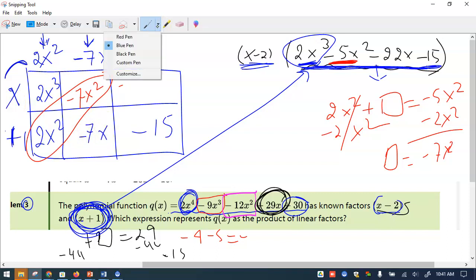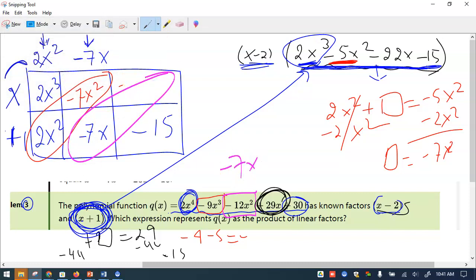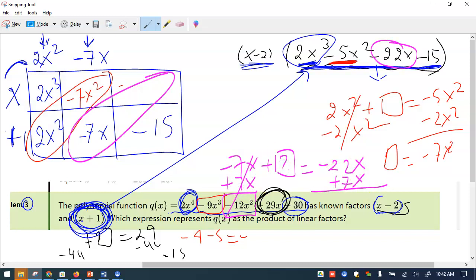Next, add, okay, what adds to minus 7x to give minus 22x? So you add plus 7x, and this crosses out. So this was a question mark, and you can see you get minus 15x. So this is minus 15x.